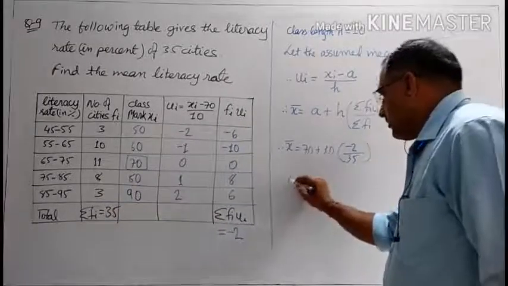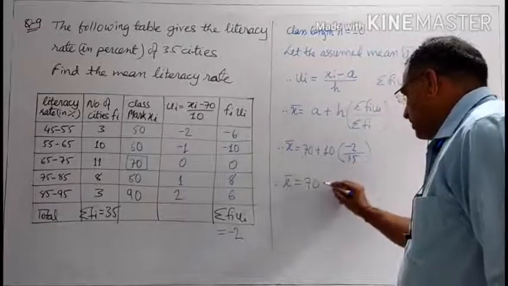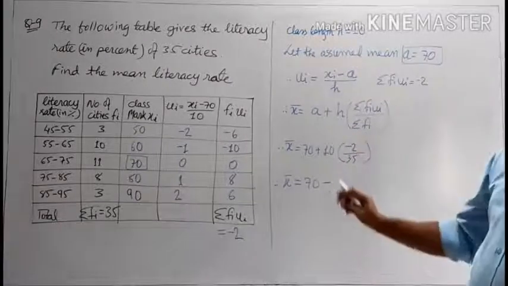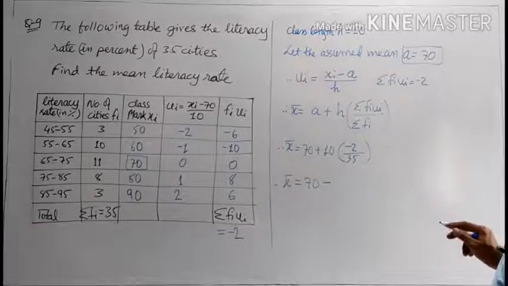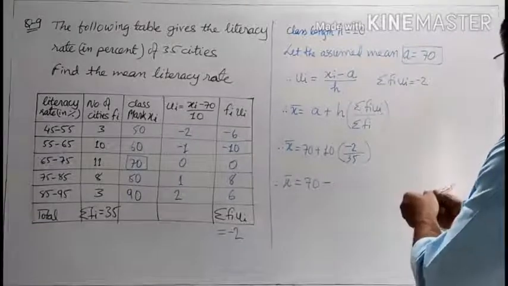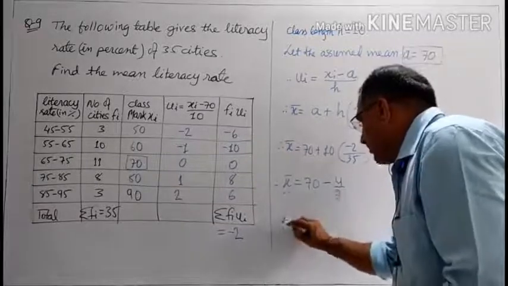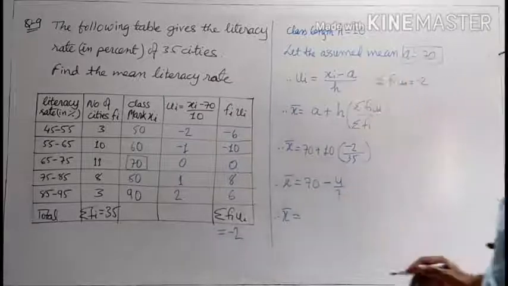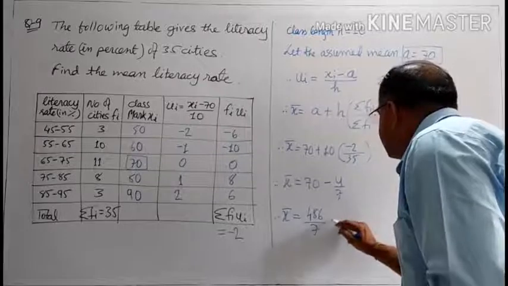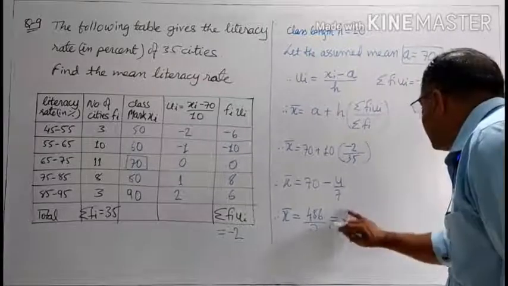So mean is equal to 70, and as the product is negative, 10 times negative 2 divided by 35. On cancelling the common factors, we get negative 2 by 35 multiplied by 10, so we get negative 4 by 7. Now simplifying, taking the LCM, we get 486 divided by 7.